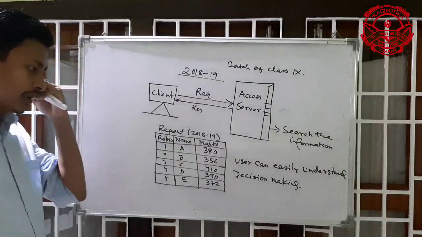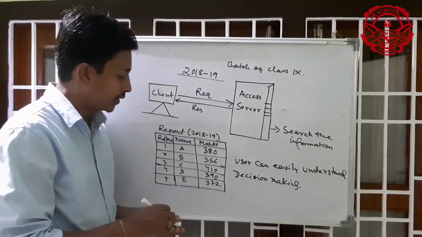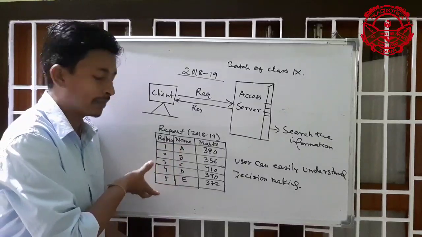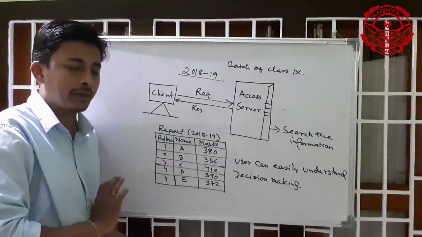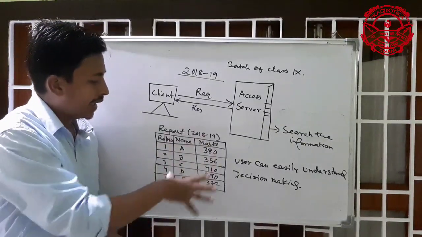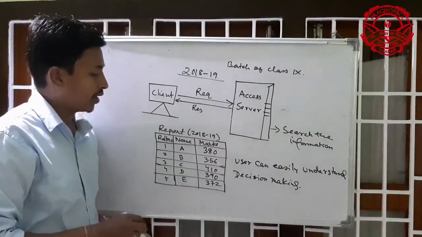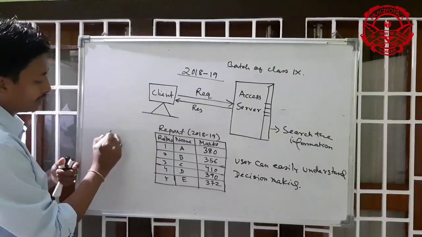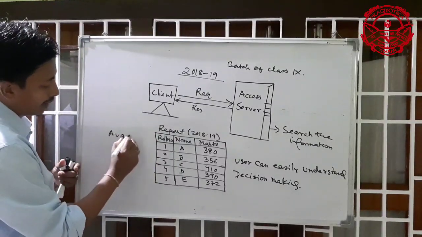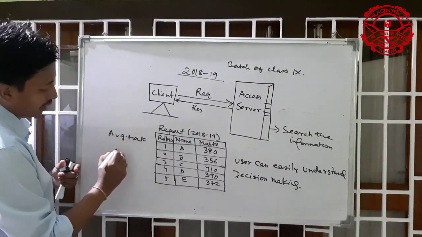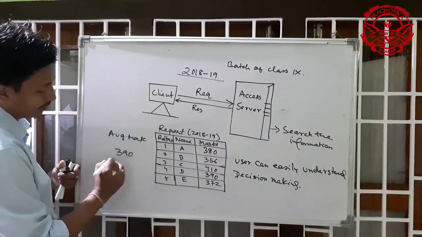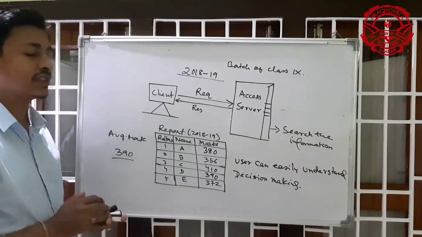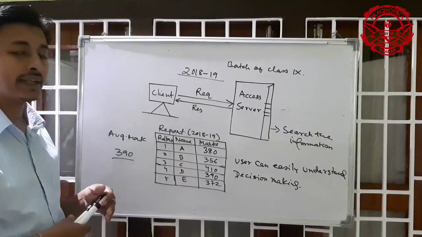There are other records in this report too, but I am just giving an example, only 5 records. Now in this report you can see that the average mark is say 390. 390 is the average mark each student gets in the 2018-19 batch.